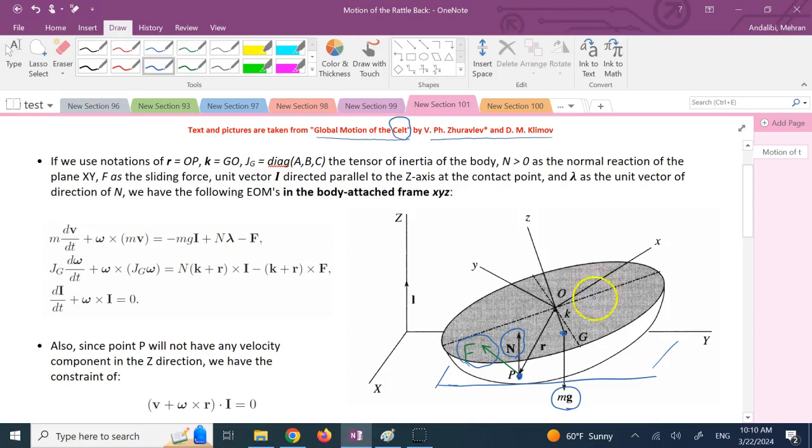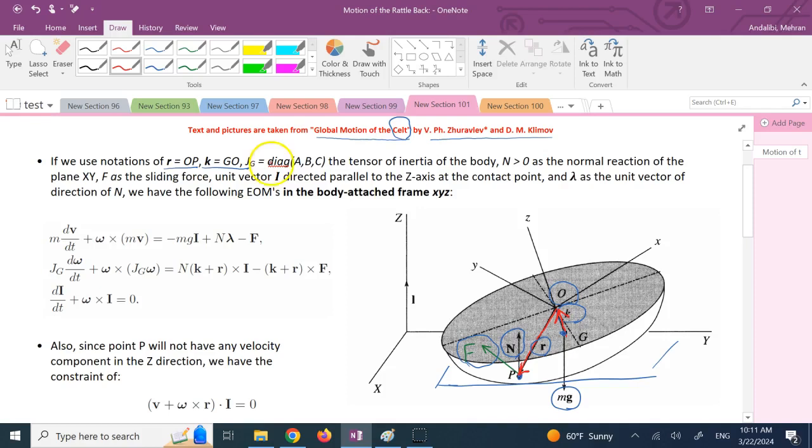Here the vector from the geometric center O of the ideal ellipsoid to the contact point is shown by vector R, and the vector from the geometric center O to the actual centroid G is shown by vector K. So K is from O to G, and R is from O to P. One is this vector, and the other one is this vector.